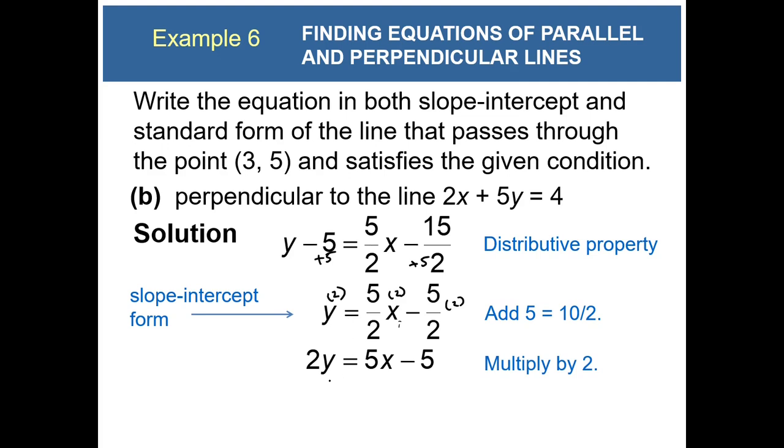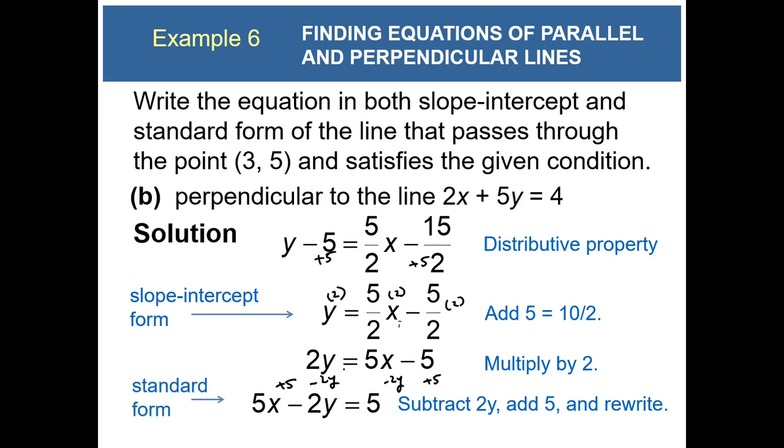In order to set this in standard form, I can subtract the 2y from both sides and add 5 to both sides, and that simplifies our equation to 5x minus 2y equals 5. This is what we call standard form, Ax + By = C. The slope-intercept form is y equals 5/2 x minus 5/2.